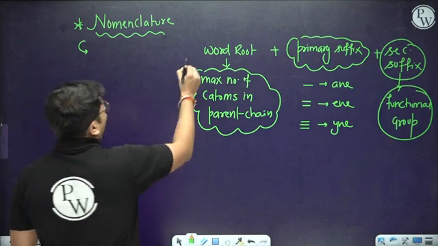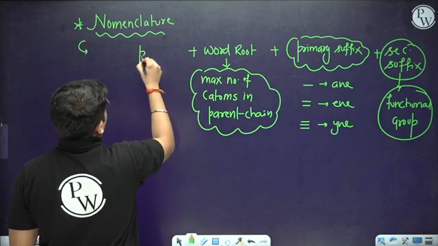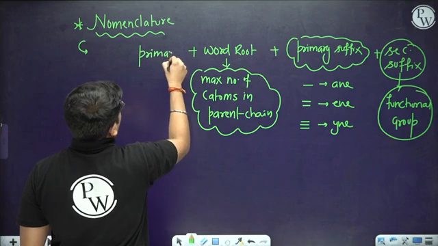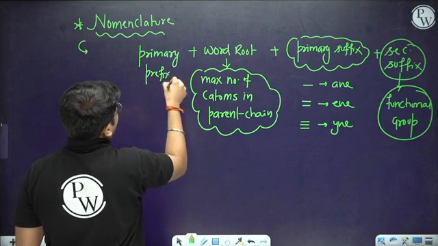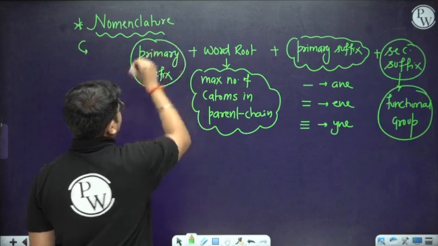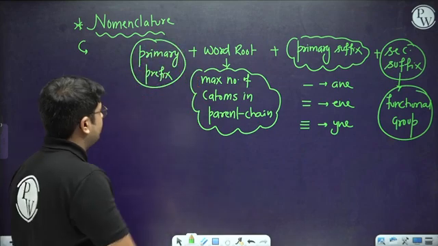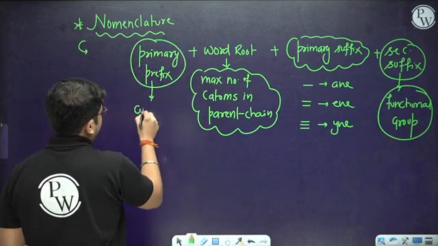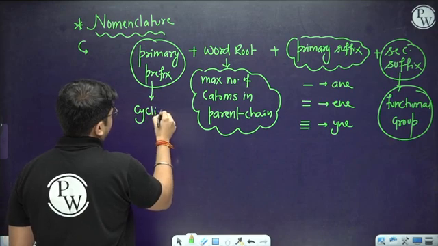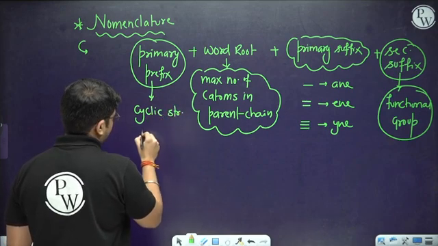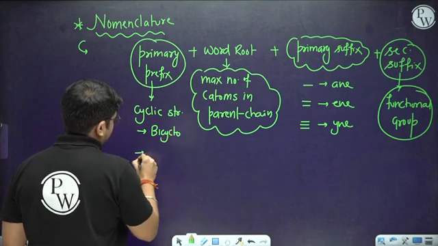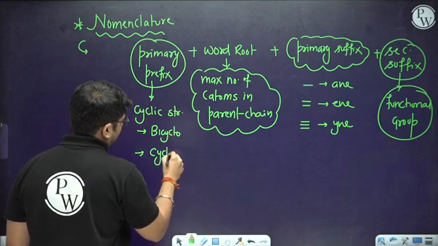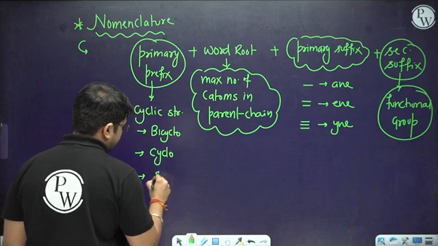Now we also have the primary prefix. In case of the primary prefix, it is generally used to denote the cyclic structure. It should be bicyclo, simple cyclo, or spiro.